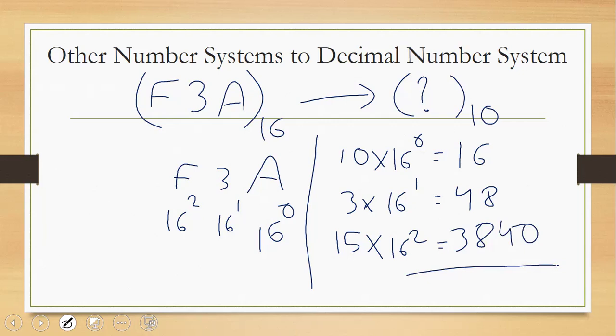Finally we can add all these things: 3840 plus 48 plus 16. So finally 3904. This is the decimal number. This is the process for converting other number systems to the decimal number system. I hope this is clear.